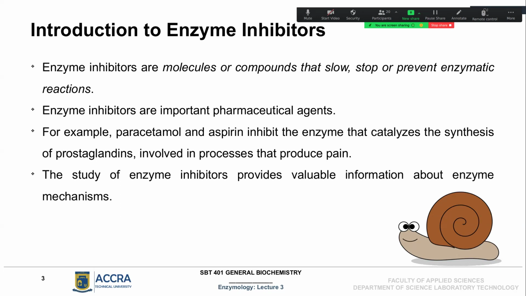So we'll look at some specific examples where inhibitors are used as pharmaceutical agents, apart from the example which you see here with paracetamol and aspirin, which are painkillers. We refer to them as pain relievers, inhibiting the enzyme which catalyzes the synthesis of prostaglandins.